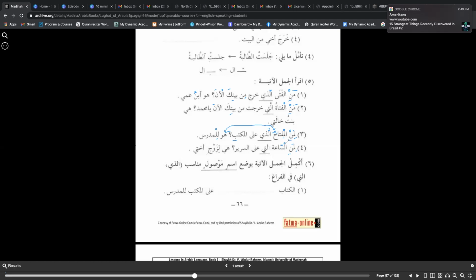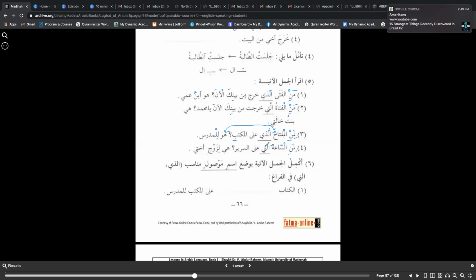So you skip over the sound of the alif and lam as if they're not there. Liman sa'atu. Liman connects directly to the sa. Sa'atul lati.